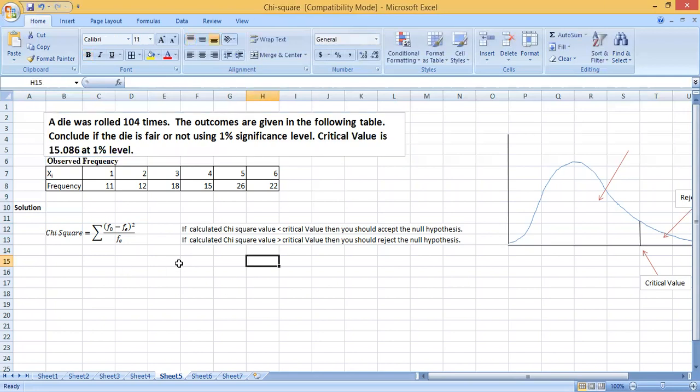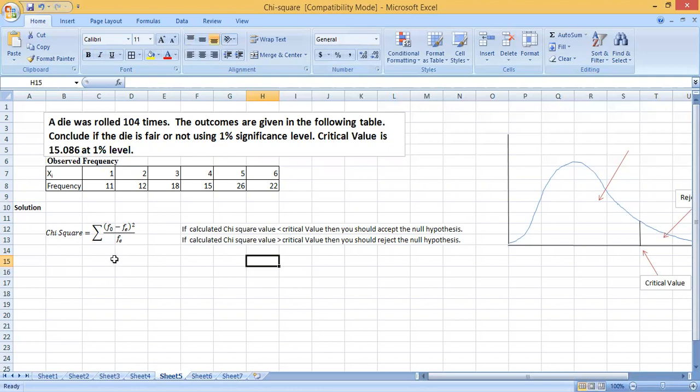Now, this is the formula for calculating the chi-square, that is, the summation of observed frequency minus expected frequency, whole squared, divided by the expected frequency.